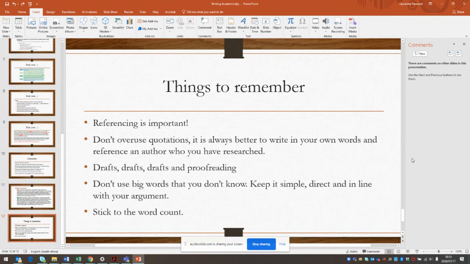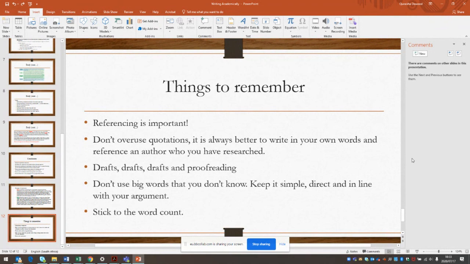Okay, also don't use big words that you don't know. Okay, keep it simple, direct, and in line with your argument. You don't need to impress your supervisor and show them that you can regurgitate the dictionary.